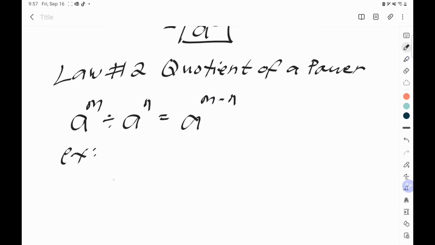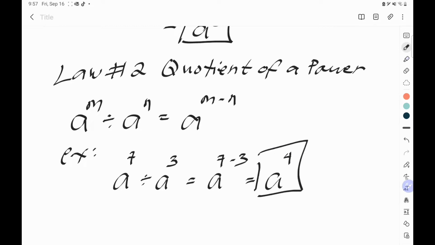Example here, we have a to the power of, let's say, 7 divided by a to the power of 3, which is equal to a to the power of 7 minus 3, which is equal to a to the power of 4. So this law only applies if and only if the bases are the same.